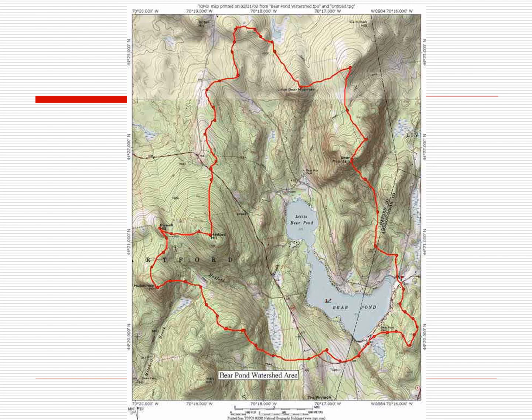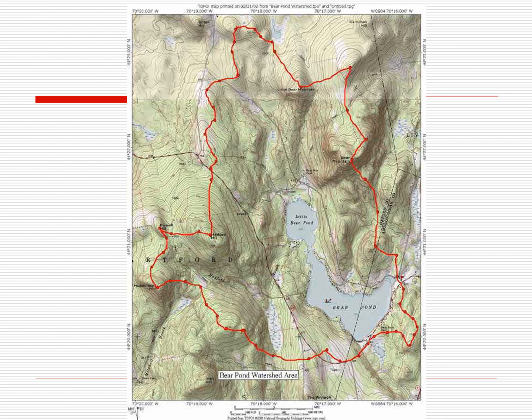This is a picture of a drainage basin around two ponds, Little Bear Pond and Bear Pond. The way we find a drainage basin and find its area is we use what's called a topographic map. This is a topographic map, so it shows the elevation. It basically goes along the highest elevations in the area, and I draw that line around it.